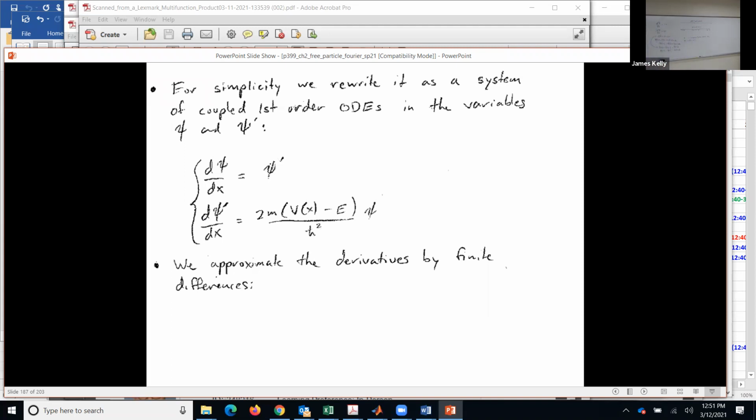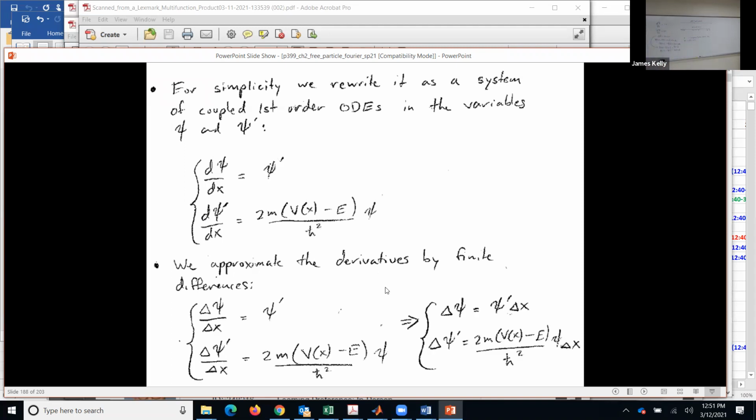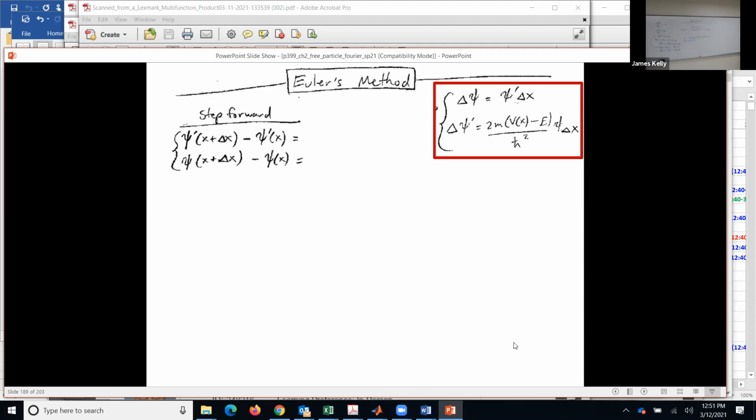Okay, so again, let's just sort of go through here. This is what's in those notes I handed out to you. I approximate each one of these first order derivatives by finite differences and then solve for the delta psi and the delta psi prime, right? And then if I want to step forward, again, I just wrote that system of delta psi and delta psi prime things over here.